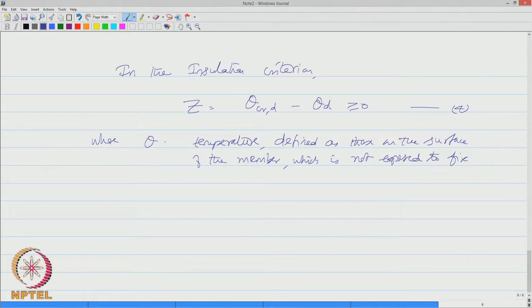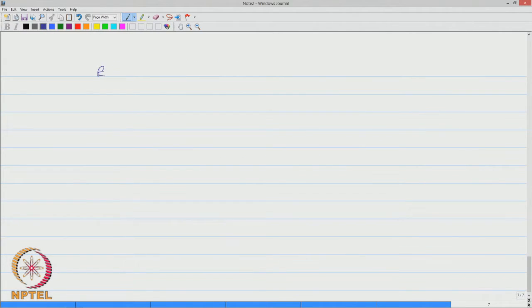Now, the question comes, how will you estimate the partial safety factors? Partial safety factors to account for uncertainties in estimating the fire load as well as strength at elevated temperature need to be addressed because they are very complex phenomena. There are two ways by which we can do this.